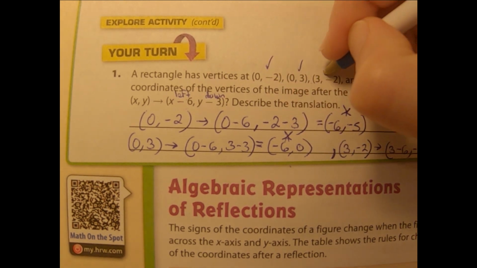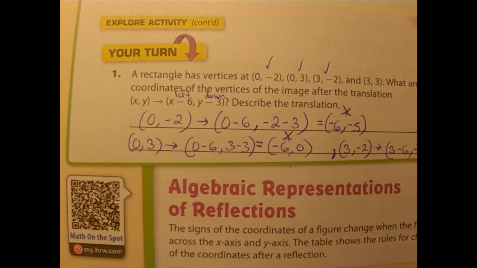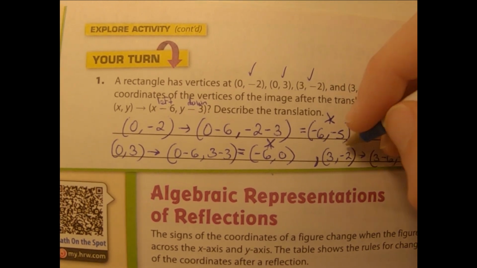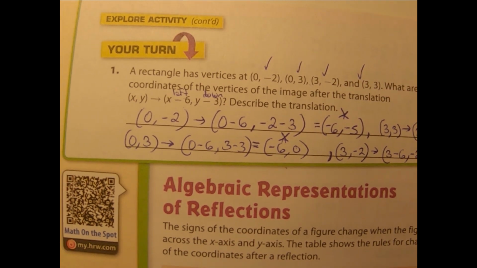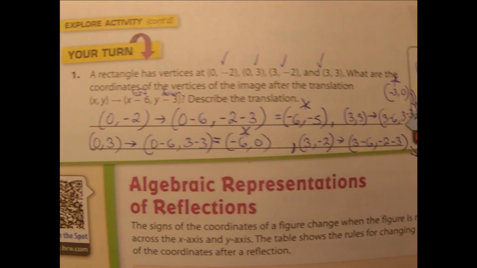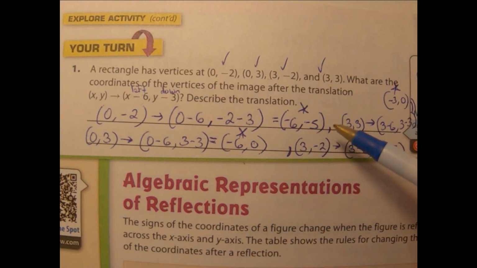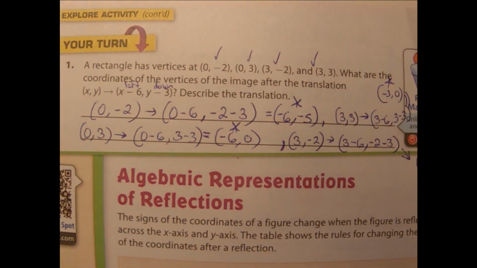And the last one I would do is (3, 3). 3 minus 6 is -3, and 3 minus 3 is 0. So the new vertices for my new rectangle are going to be (-6, -5), (-3, 0), (-6, 0), and (-3, -5).